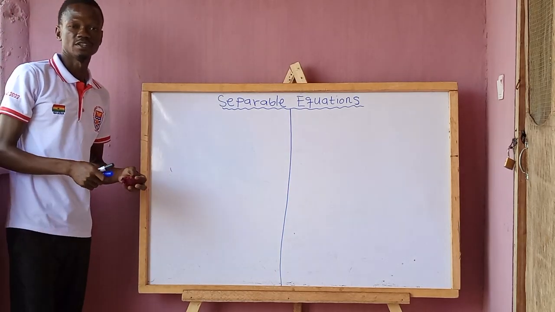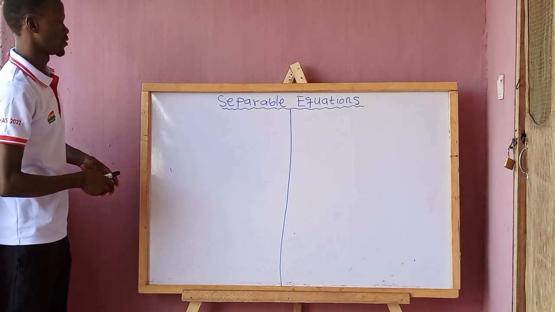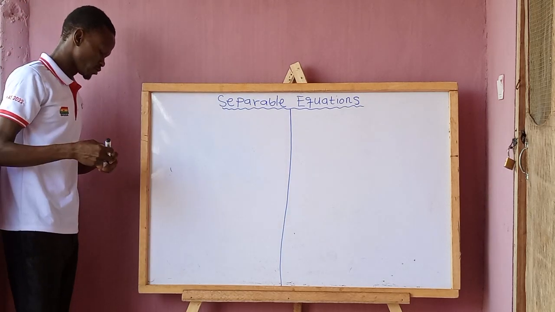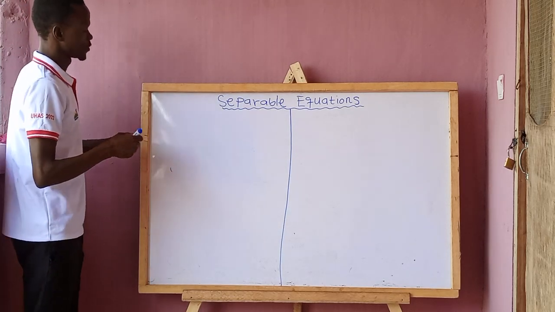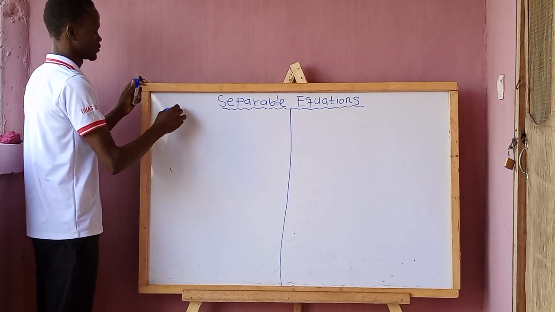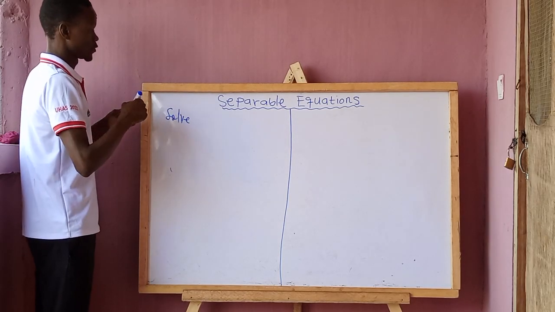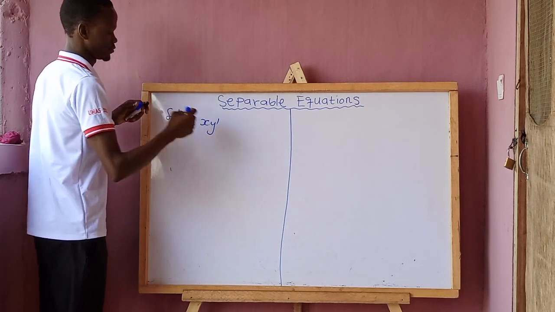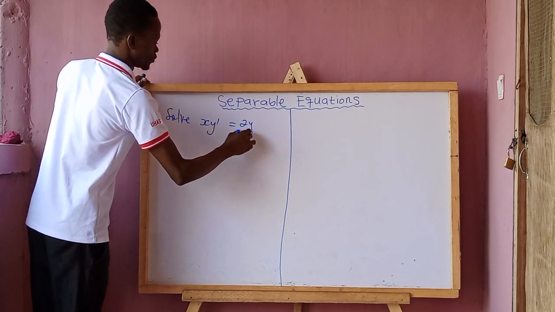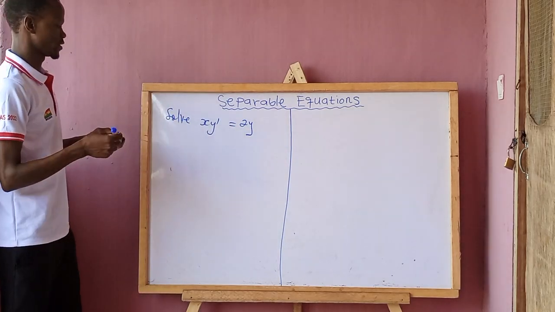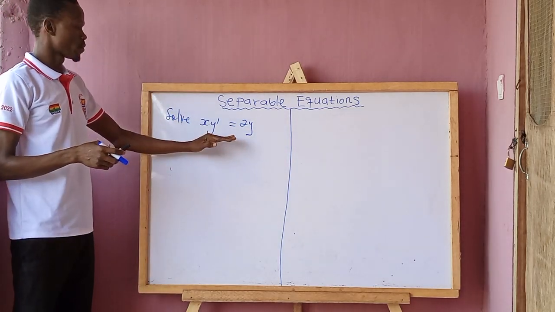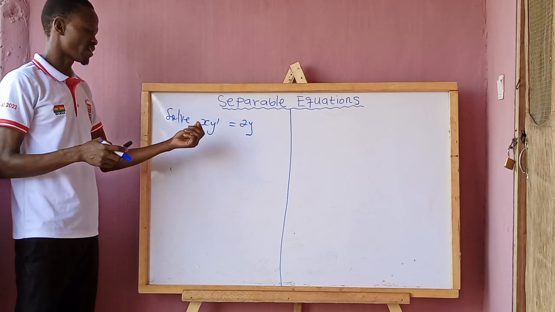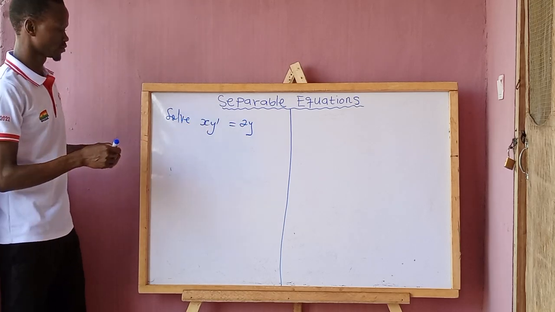Now let's take a few examples and see how we can apply these concepts in solving separable equations. Solve x y prime equal to 2y. So this is an ordinary differential equation of the first order given to us, and we have been asked to solve it.